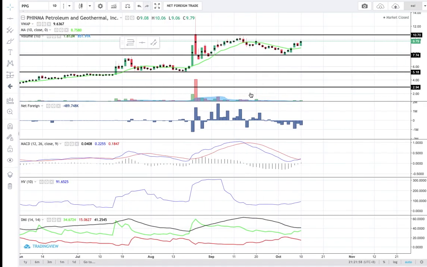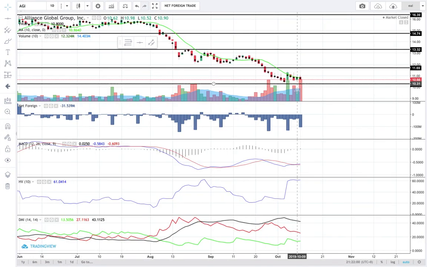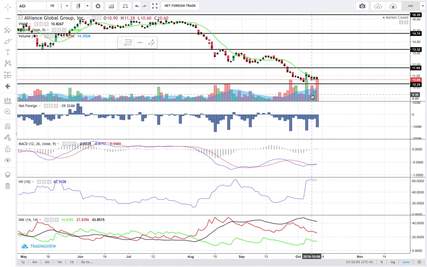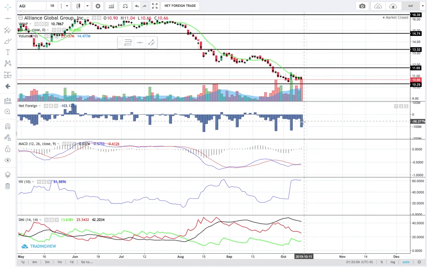So next is AGI. It closed today at 10.66. Support is at 10.3. Resistance is at 11.7. Foreign investors registered a net foreign selling worth 103 million pesos. The 10 SMACD combo is already bearish. Risk level is already moderate.